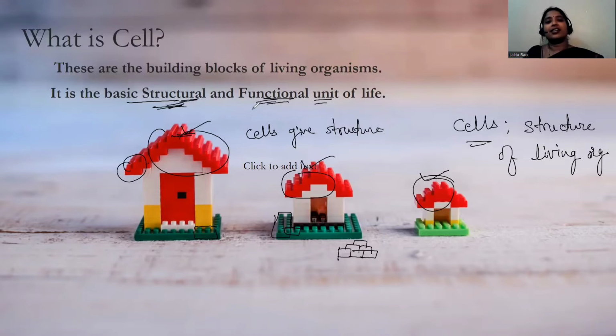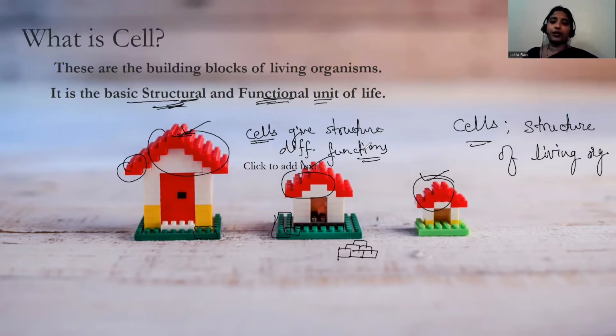Now why is it known as the functional unit? It is known as the functional unit of life because cells perform different functions. What are the different functions carried out in our body, like respiration, ingestion, digestion, absorption?